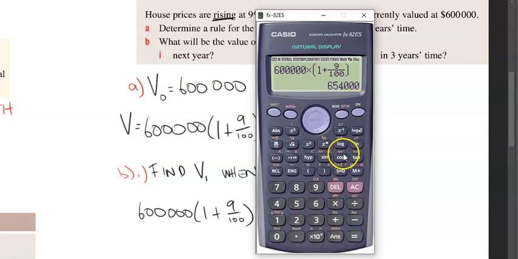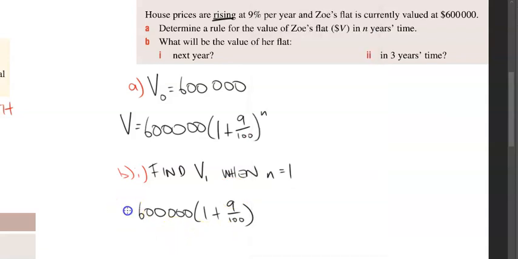So after 1 year, it will be worth $654,000. So what this has just done is it's found out 9% of 600,000, which ends up being 54,000, and it just added it on to the first year. But then in 3 years time, it's going to find 9% of this, and then another 9% after the next year to determine how much it's going to be worth.